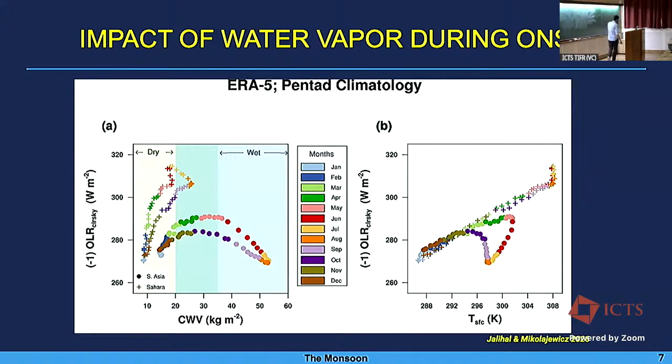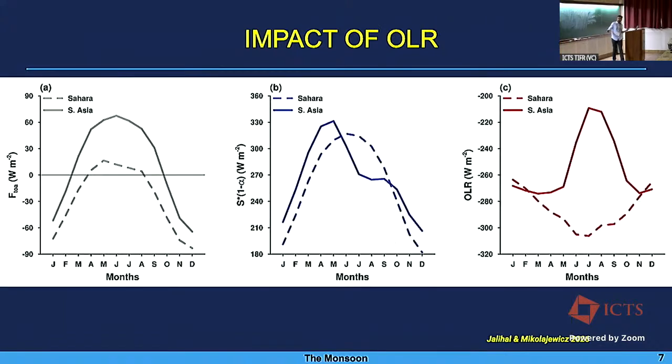So one more interesting thing that we can do here is diagnose how total OLR depends on these parameters. Now we saw how clear sky OLR depends on surface temperature in which months, and in which months it depends on water vapor. Now we can go back to this figure and diagnose the contributions of different parameters. We saw surface temperature, water vapor, clouds.